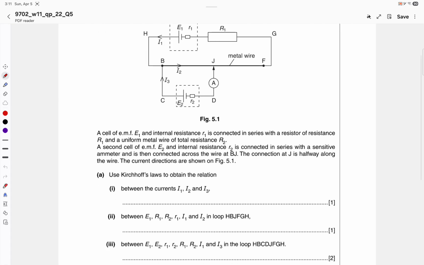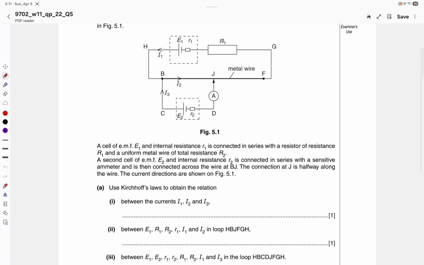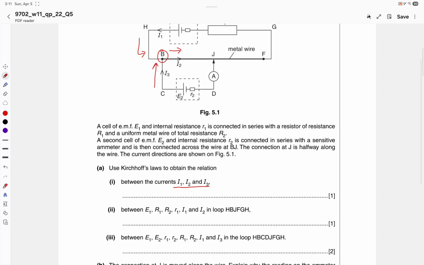For the first part, the relationship asked for is only about the currents, so we are looking for Kirchhoff's first law. For Kirchhoff's first law, we have to consider a node point, let's say a node at B. I1 is coming towards B, I3 is also coming towards B, and only I2 is leaving B. You should remember Kirchhoff's first law: the total current flowing into the junction must equal the total current flowing out of the same junction.